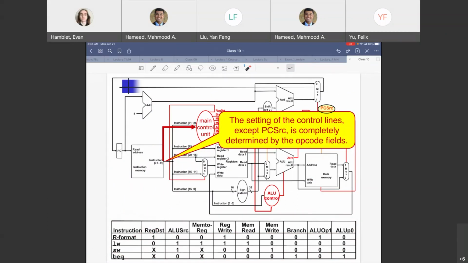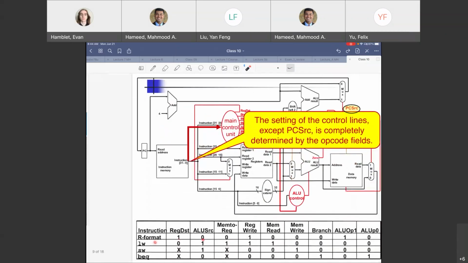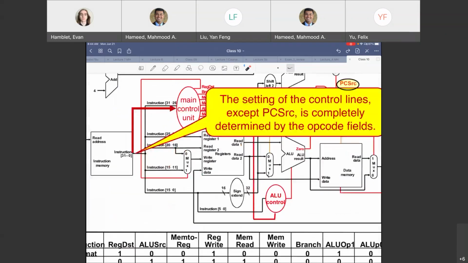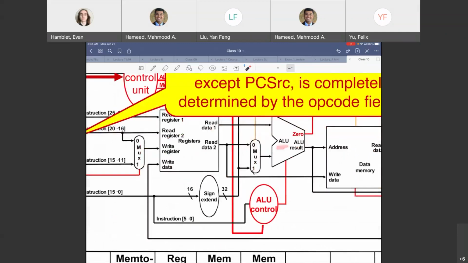So it has to take 1 there. ALU source should be 0 because it is going to go from the register file to the ALU, right? So R-type instruction, ALU source is 0. We can talk about it over here. R-type instruction, ALU source here should be 0, right?